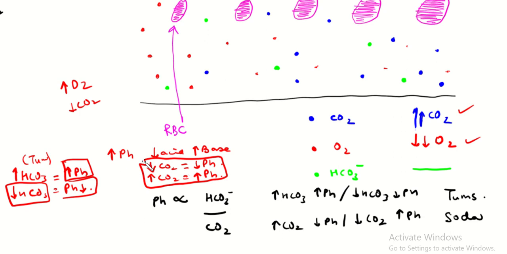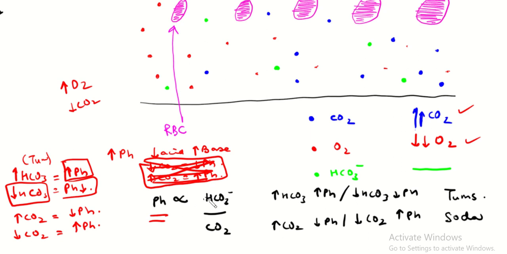Let's revisit this again. I got this wrong. So let's do this one more time. Okay. Let's say you have high CO2. High CO2 equals more acid equals less pH. Less CO2 means less acid, means more alkalemia, means higher pH. So pH is directly proportional to bicarbonate levels.